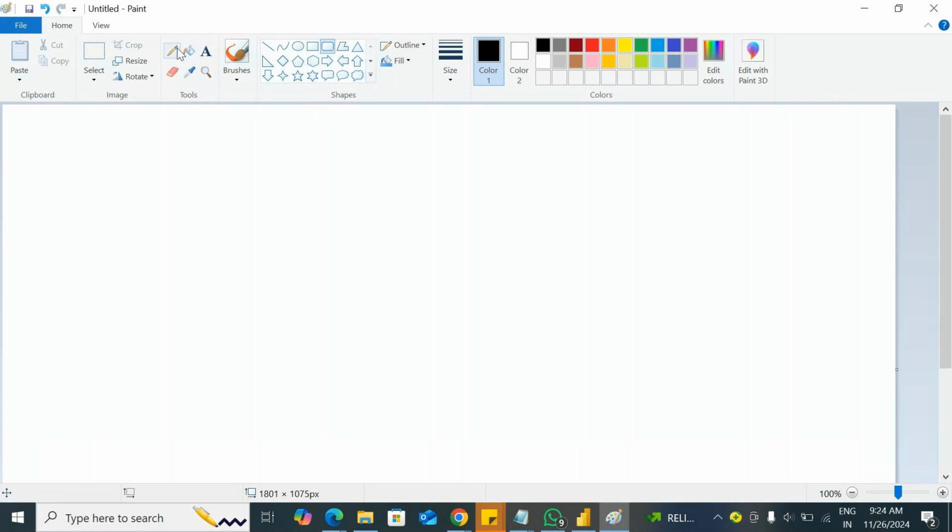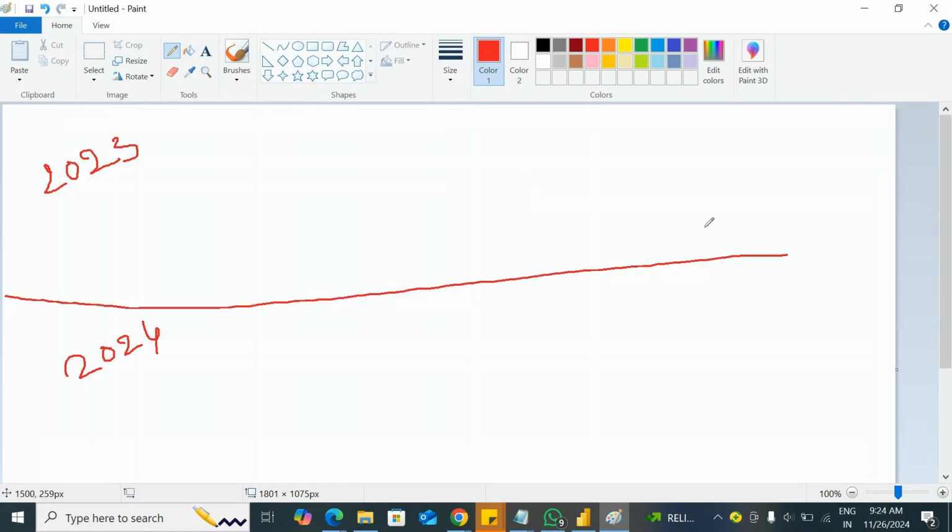Okay. So let's consider one small example. We have two years of data: one is 2023, and one is 2024. In both years, we have data for three products.